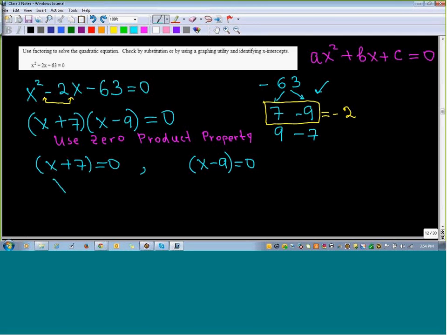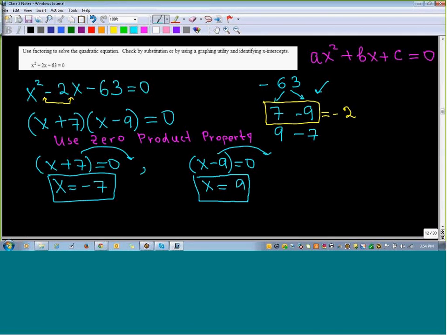Okay, the square root property. So if I say x squared equals 9, what would the answer be if my x squared was 9?